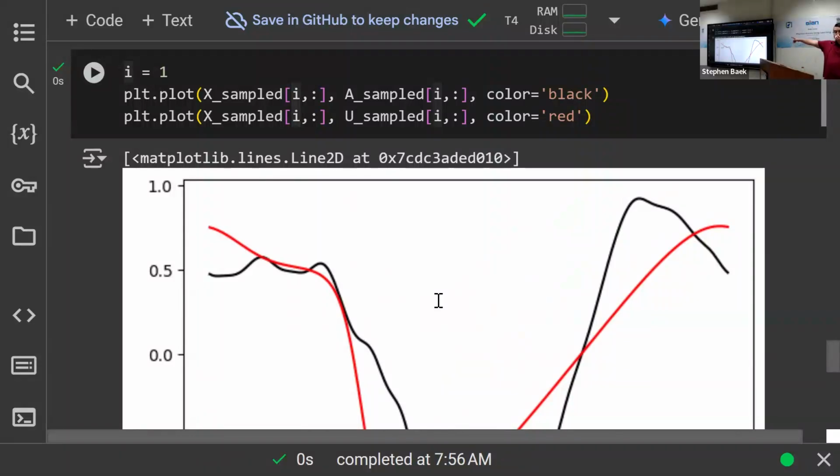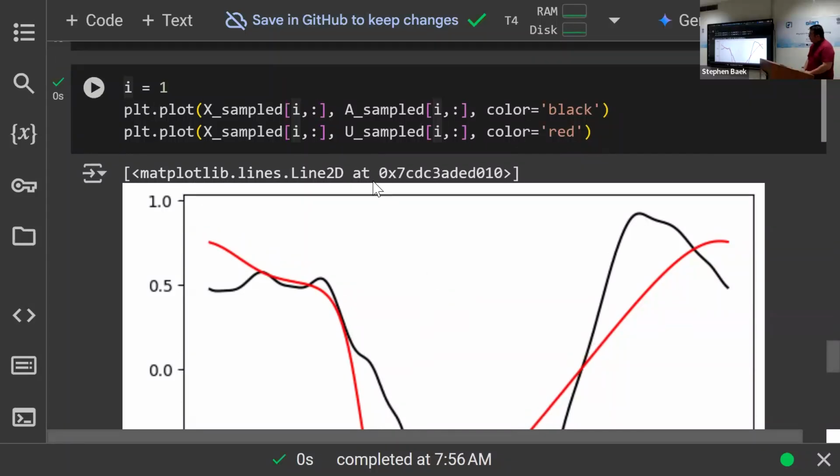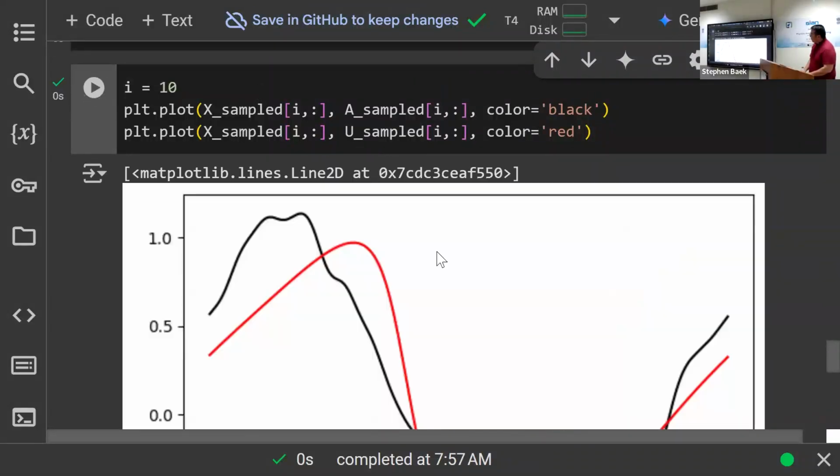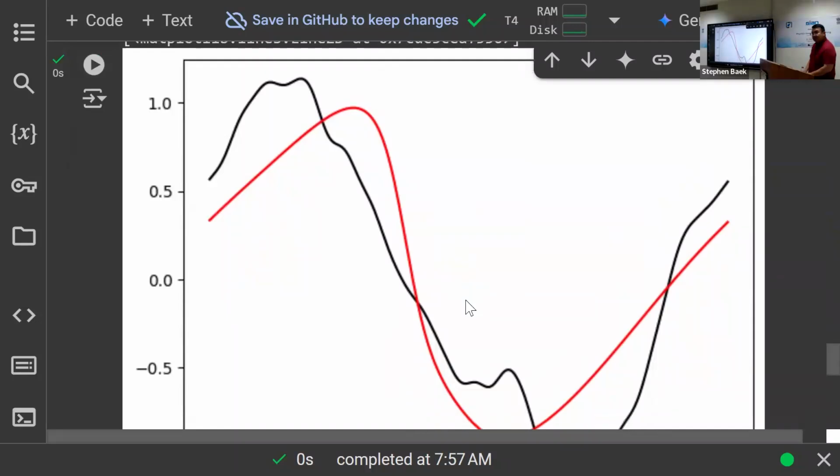The black curve is the input to the neural operator, which corresponds to the diffusivity coefficient. Sorry, no, not in this case. The black curve is the initial condition of the property U, and then red is after some time step t that I don't remember. Okay, so we have a bunch of this kind of data. For a different initial condition, obviously the output red is a little different.